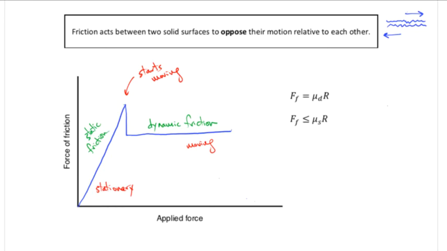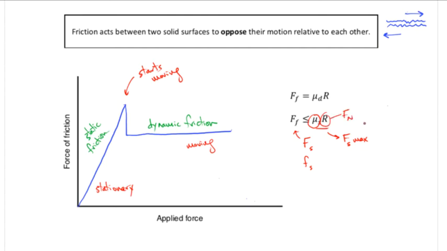In equation form, if this is the force of static friction, and I sometimes write this as F sub s, or you could use a lowercase f like that, but you'll see this in your IB formula booklet, it's less than or equal to a maximum value, and that maximum value we can call Fs max, and it's equal to the coefficient of static friction multiplied by the normal force.